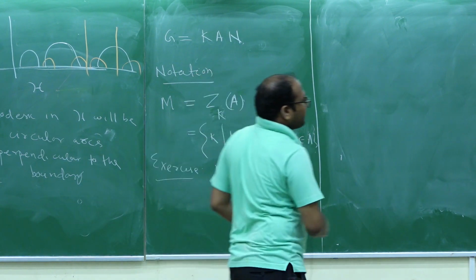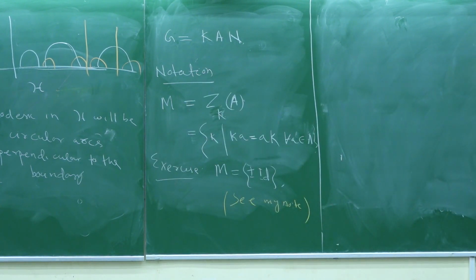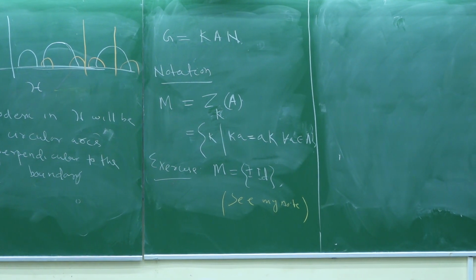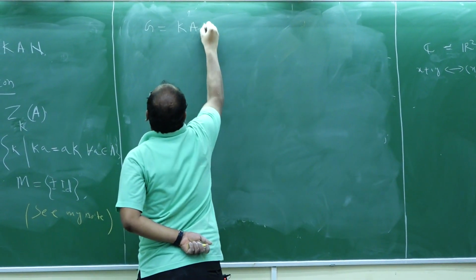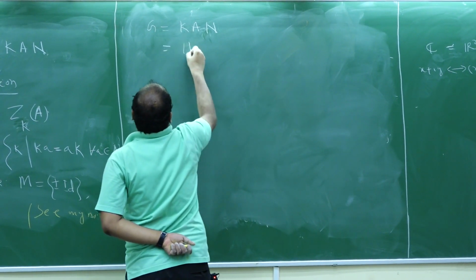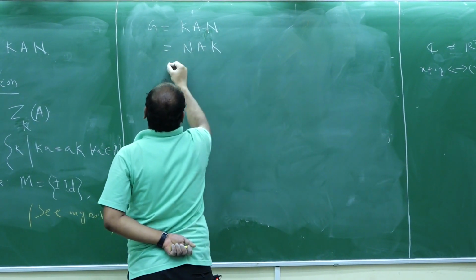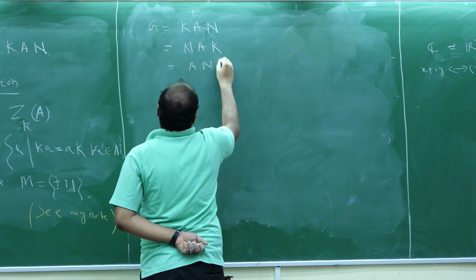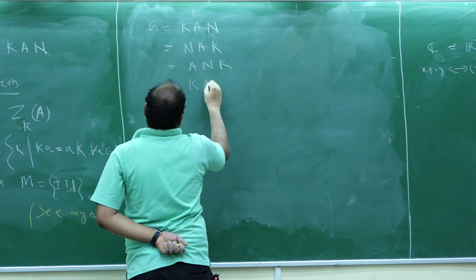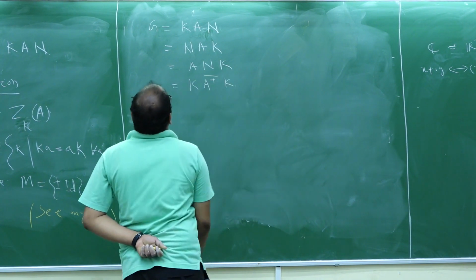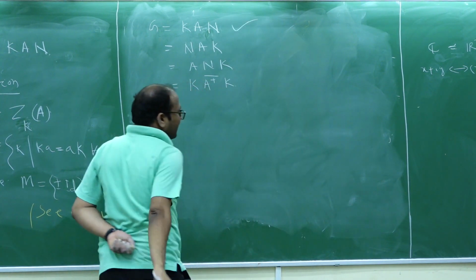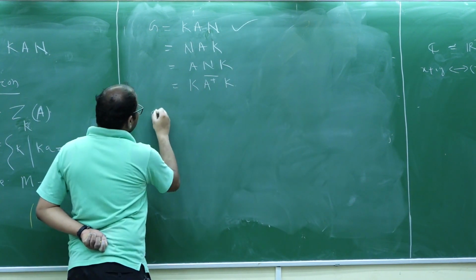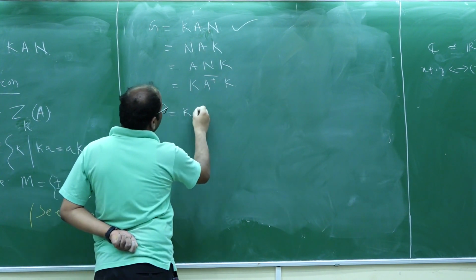Now I will define something. G has many decompositions. G can be written as K A N, the Iwasawa decomposition. So consider this decomposition: if any g belongs to G, it can be written as k a n.